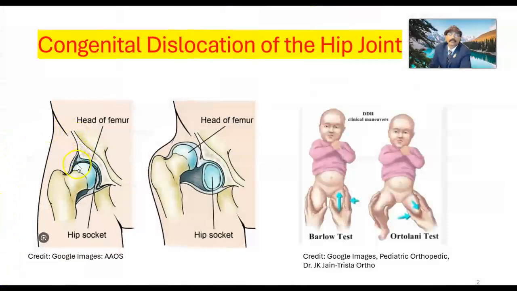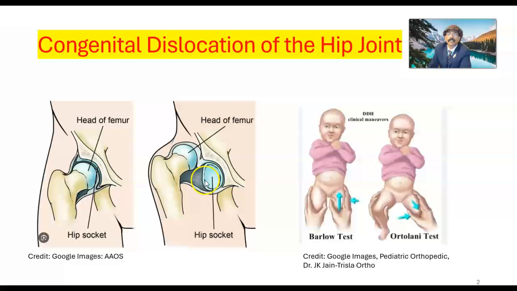Okay, so this is the acetabulum, this is the head of the femur, this is the ball, this is the socket. So this is a ball and socket joint, the hip joint. The head should be in the socket of the acetabulum, supported by the ligaments, and it should not be out of this socket.